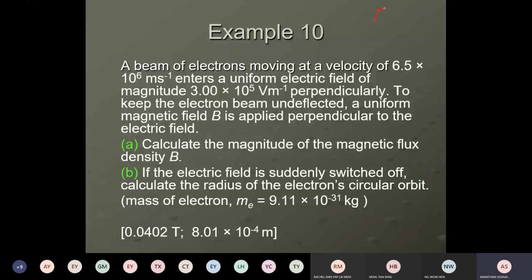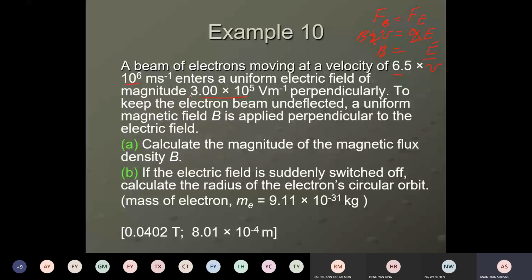So you must start working with what? Fb equals Fe. The electric force must be equal to the magnetic force. We're looking for B, so BQV equals QE. The charge cancels, so your B is actually E over V. The electric field strength divided by the velocity gives you the answer.